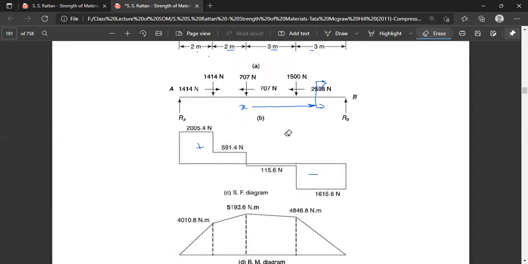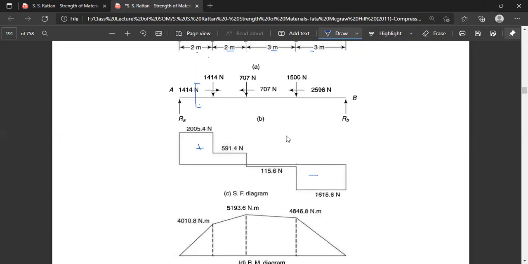Say, again, you are taking the section here that is equal to X. Now there is only one force acting from the section A to X, that is RA, which is equal to 2005.4, and the moment it will create will be RA multiplied by the distance X from the section.